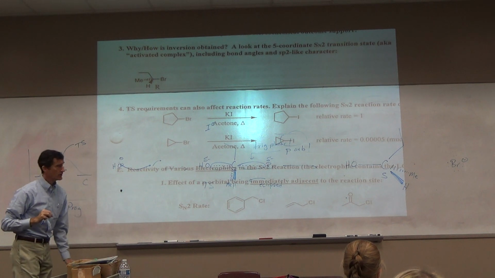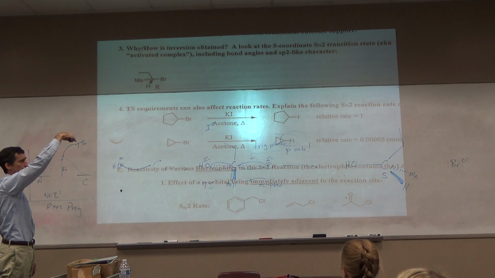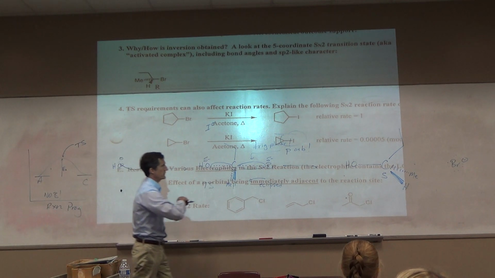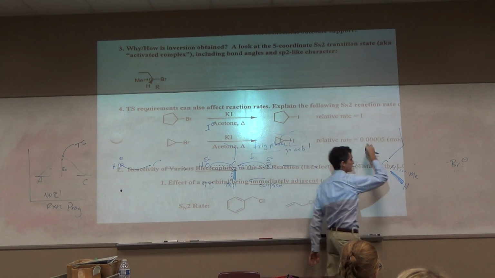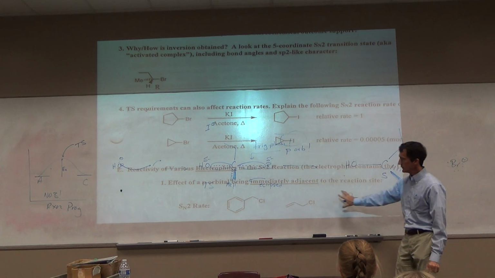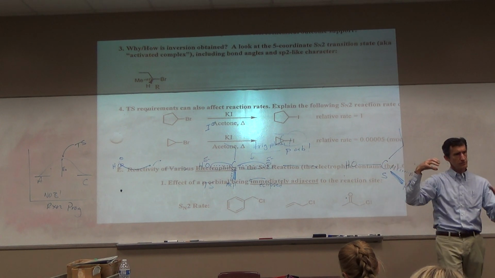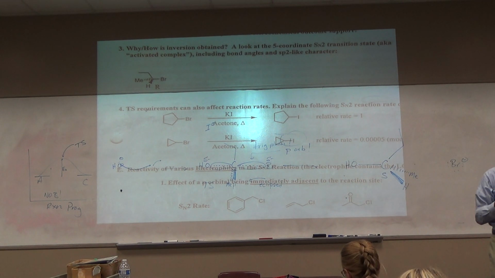Lot slower. Why is it slower? Really, you should answer, why is the one above? No. You really want to focus on here. Why is this one so much slower? And then we want to look down here. Basically, some follow-up on the consequence of this SN2 transition state.